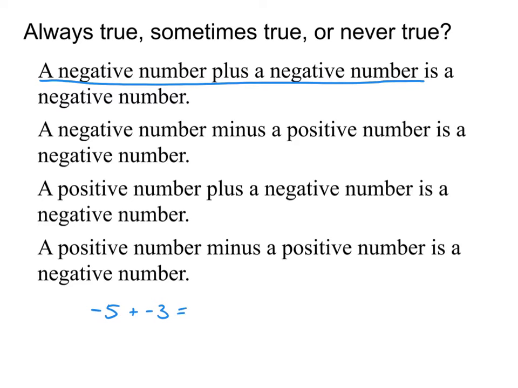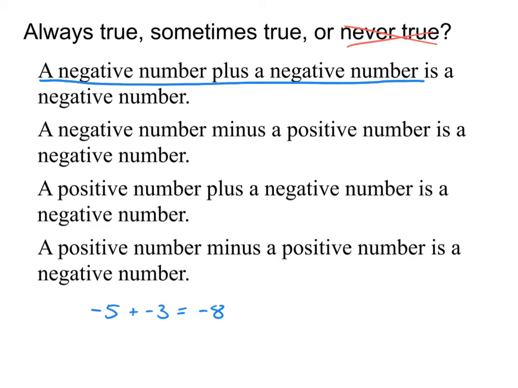What does that give me? That gives me negative 8. Okay, so I know that it could equal a negative. The question is, does it always equal a negative? What I've shown so far is that it's not going to be a never true. But I can't know yet, based just on that, whether it's always or sometimes true.